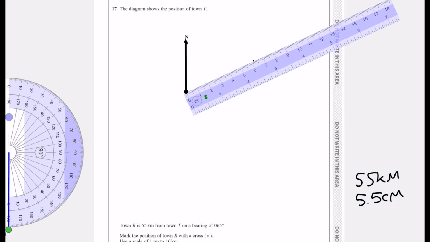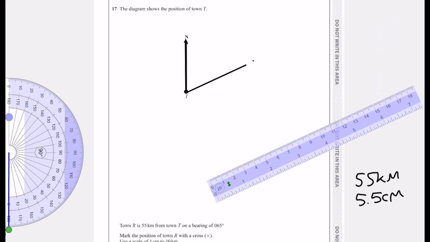Then we're measuring 5.5 centimeters. So there is our position. Mark it with a cross. And it is town R.